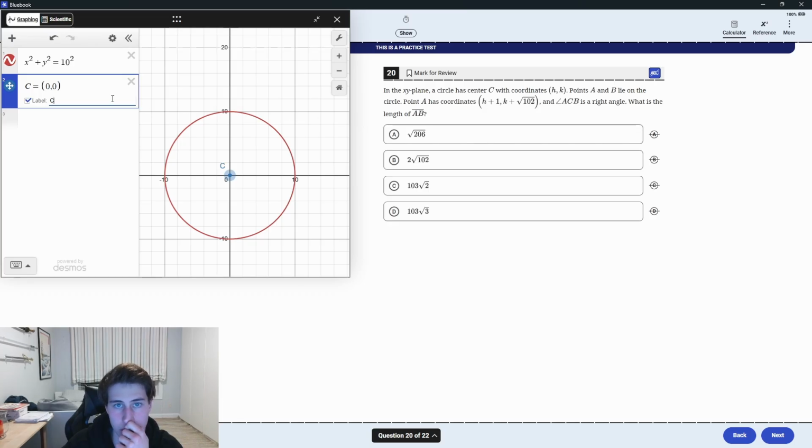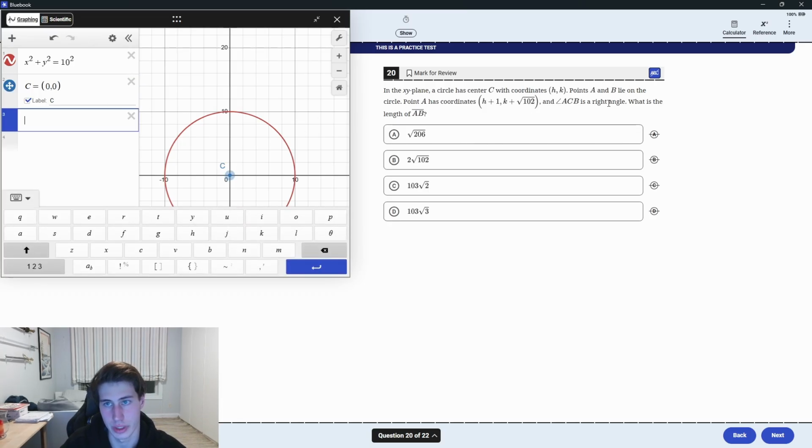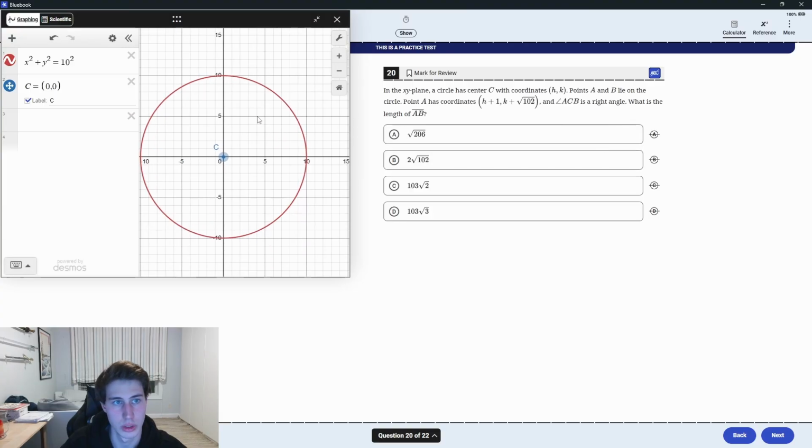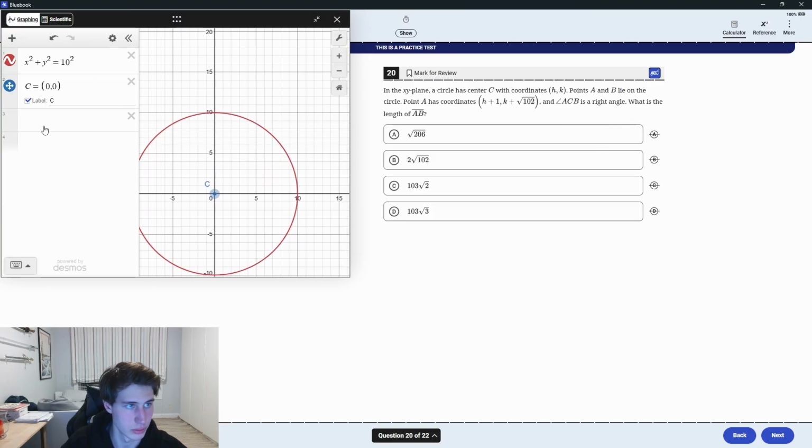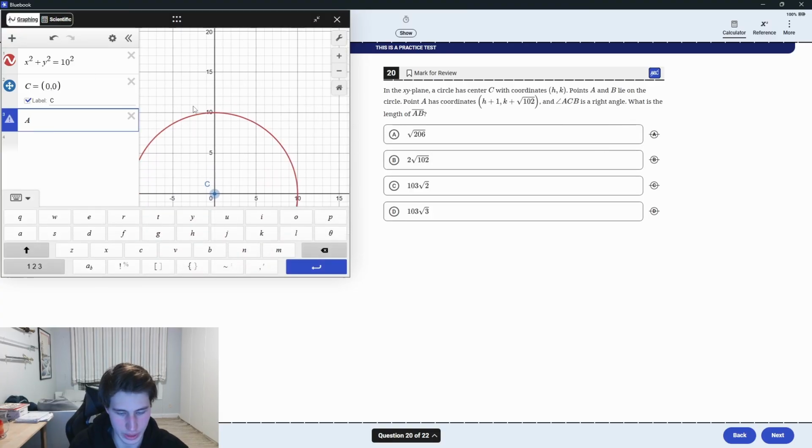Points A and B lie on the circle. Point A has coordinates at this, and ACB is a right angle. So that means it's going to form a right triangle. So we can label A somewhere on the circle, and in this case, we'll make it simple. We'll call it 0, 10 at the top, and then B we'll set equal to a point of 10, 0 on it.